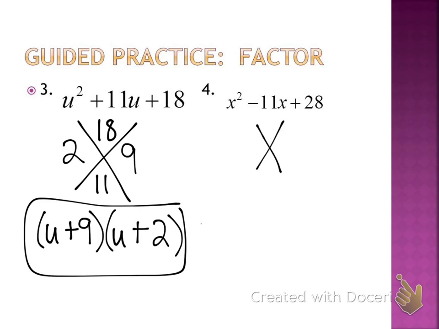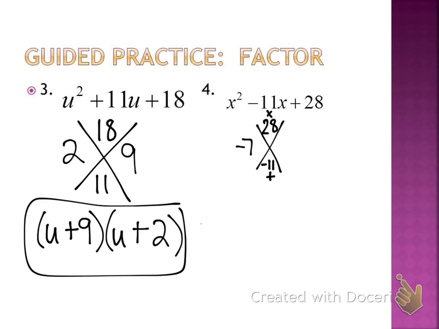All right, on number 4. Connie, can you help me set up my X? 28 on top, -11 on bottom. We need those 2 numbers that are going to complete my X. Kelby, what do you think they are? Positives or negative?